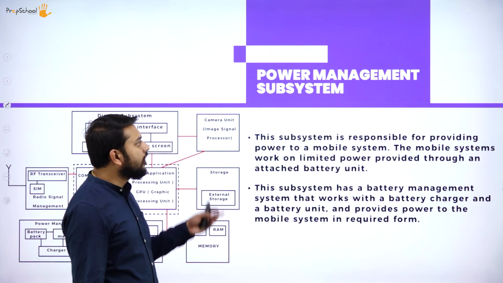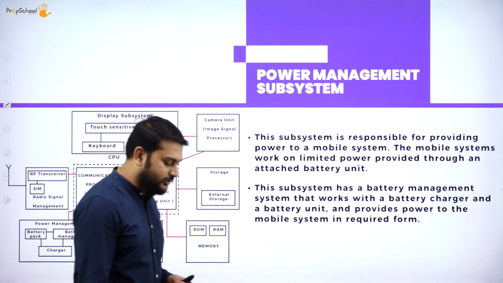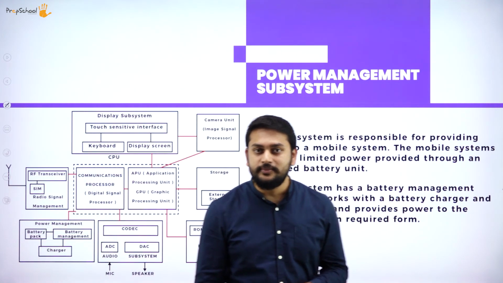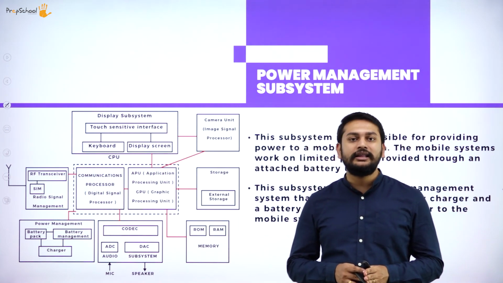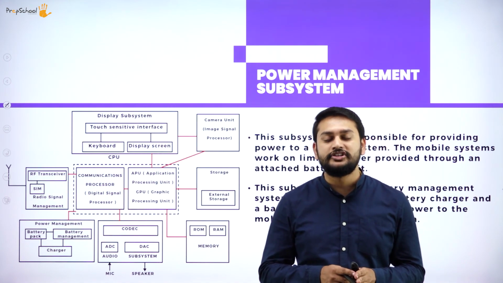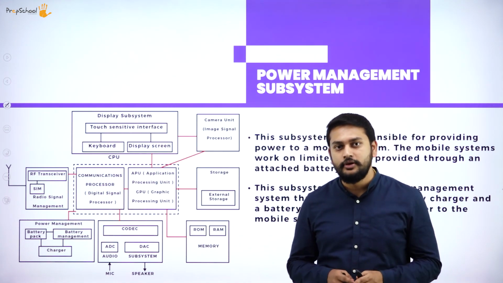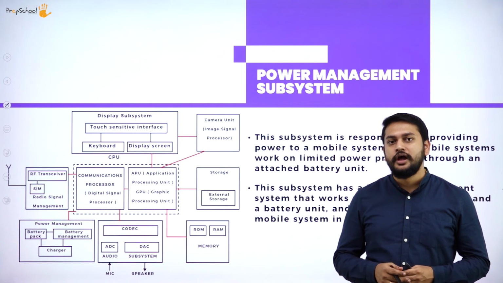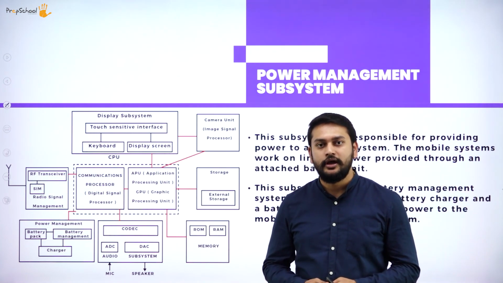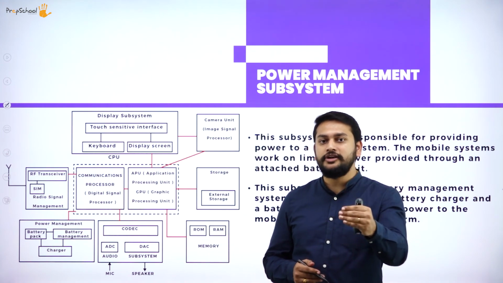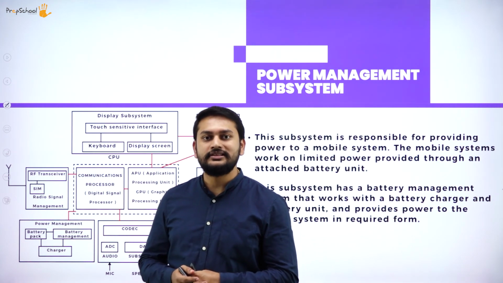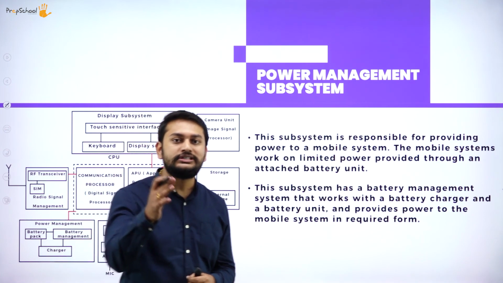Moving on to the next one, we have the power management subsystem. The power management subsystem is responsible to keep the battery life for a longer time by distributing the power to your system whenever you are using different applications. And also power management plays a very vital role in getting good signal strength.